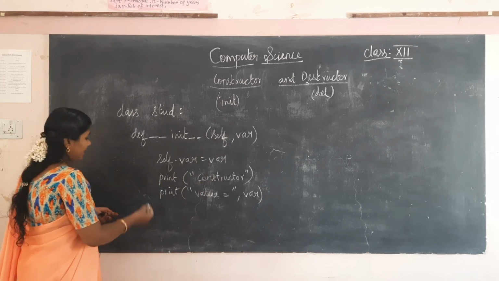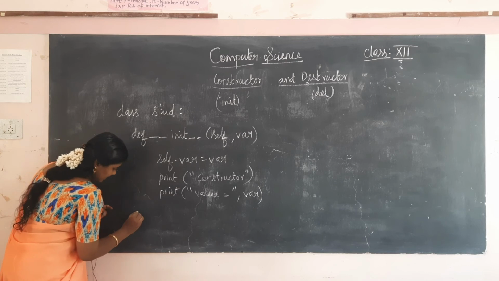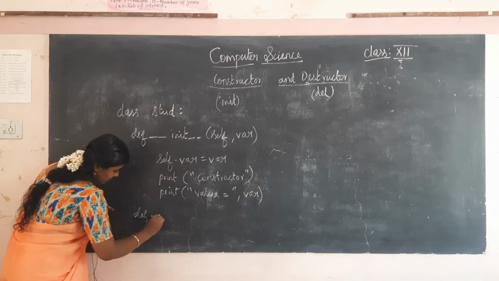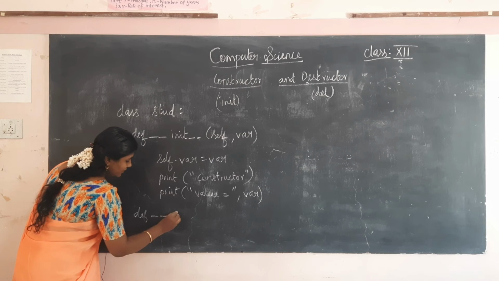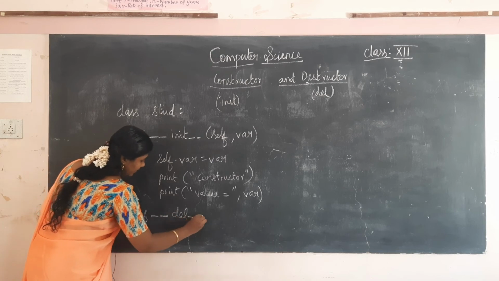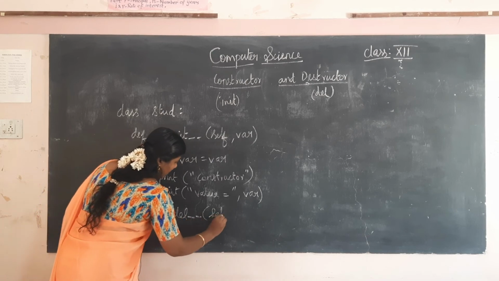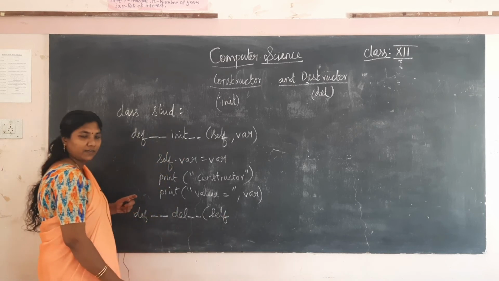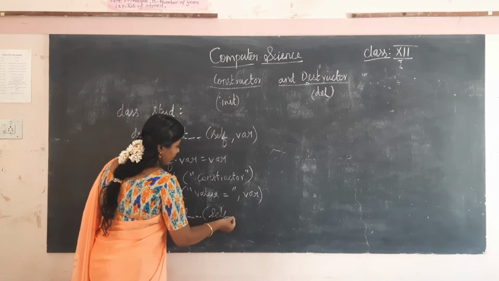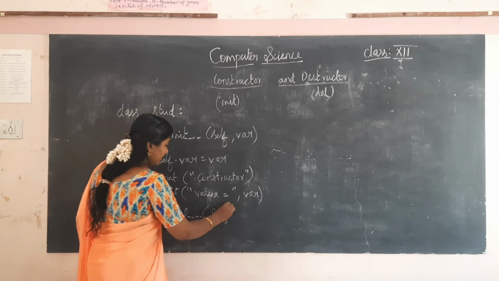Let me create another one, the destructor. So def, what is the function? double underscore del double underscore, and then comes the self. So I can have the destructor without an argument also.